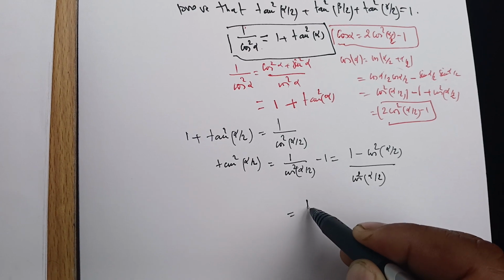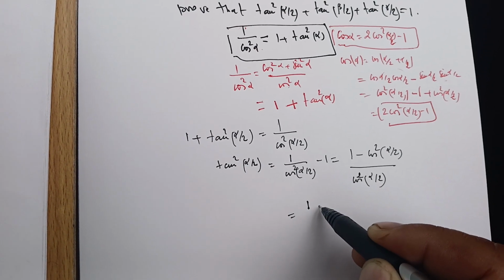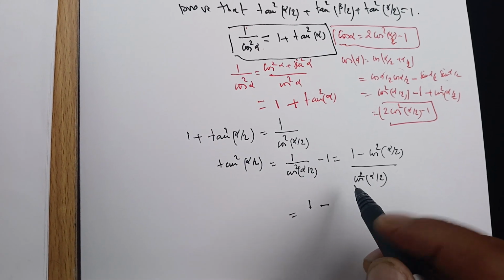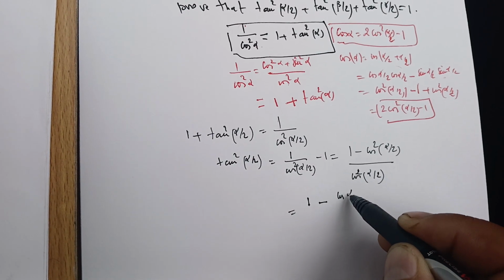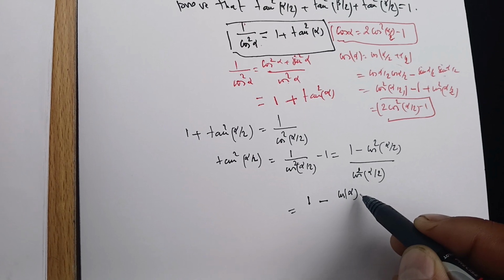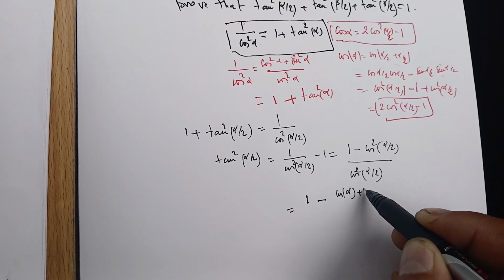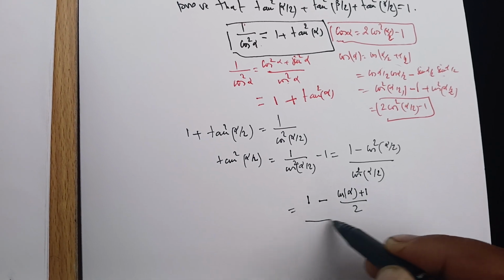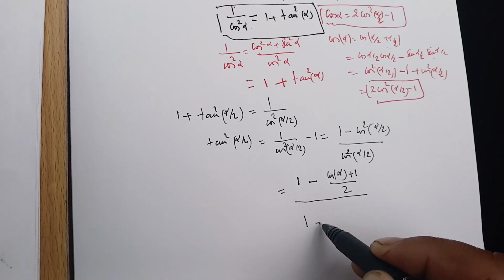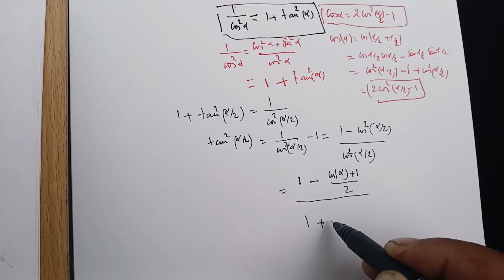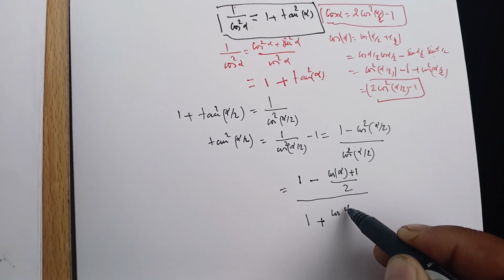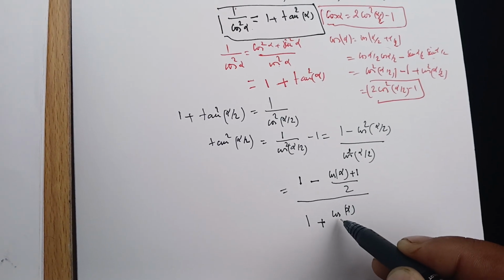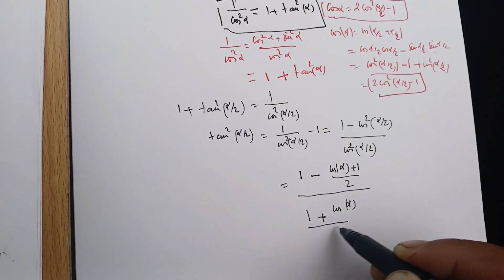So this is giving me 1 minus cosine alpha plus 1 over 2. So this is the same thing, 1 plus cosine alpha, everything is over 2.